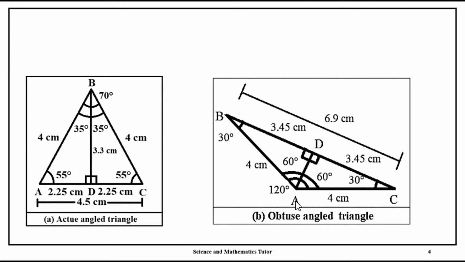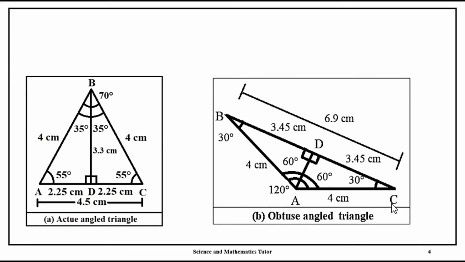And this triangle ADB consists of three angles, that is angle A 60 degrees, angle D 90 degrees, angle B 30 degrees, and its sides are side AB 4 centimeters, side AD 2 centimeters, and side BD 3.45 centimeters. So this obtuse angle triangle also can be converted into two right angle triangles by drawing an altitude from one of its vertices perpendicular to its base BC.